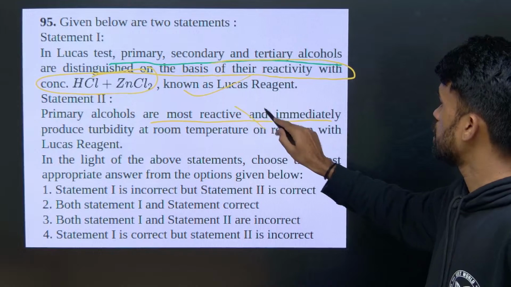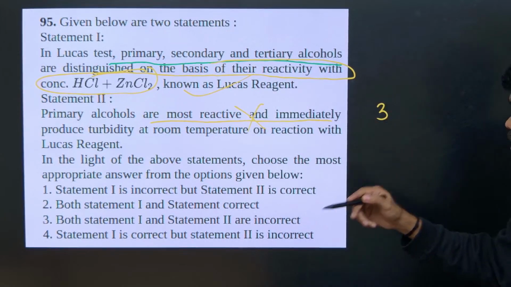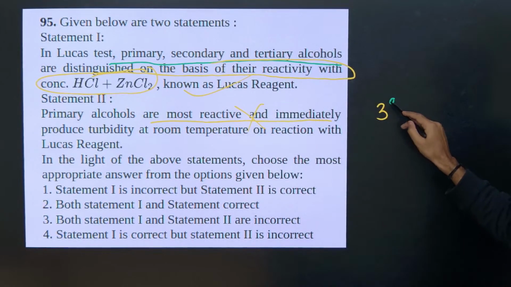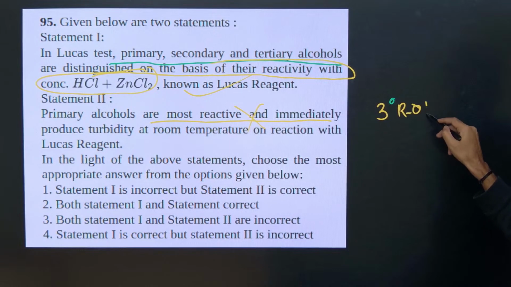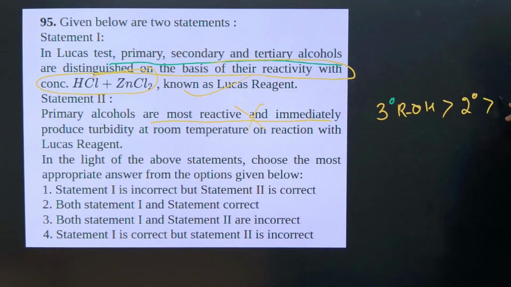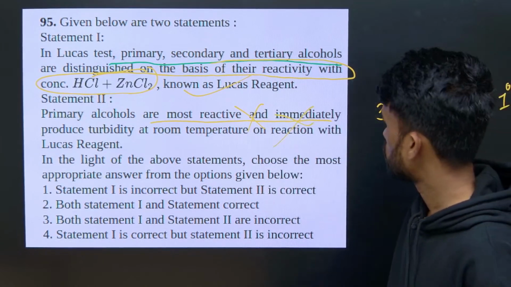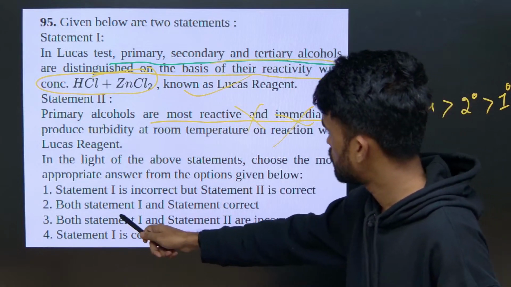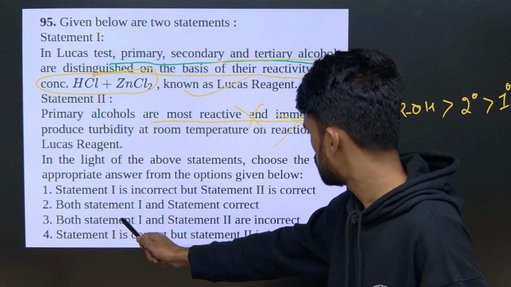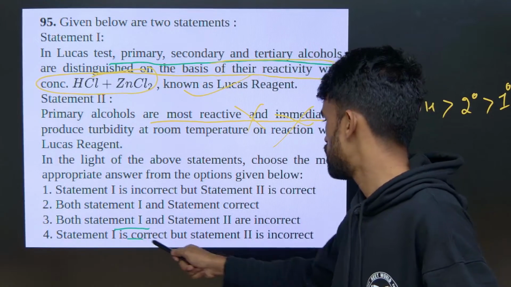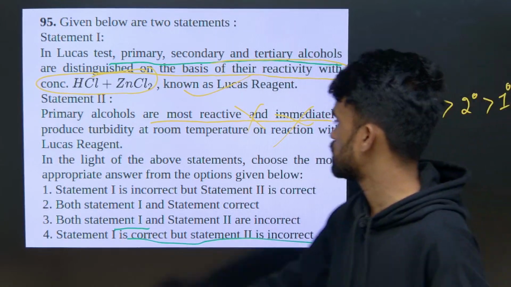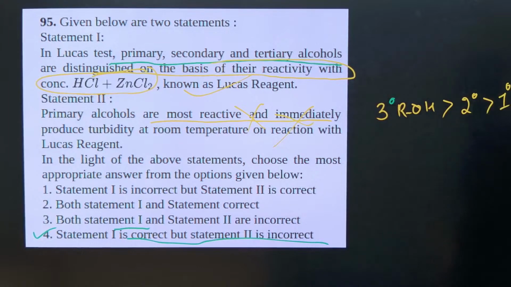No, here towards the Lucas reagent, tertiary alcohols are more reactive than secondary, then primary, then methyl. Therefore the second statement is incorrect. Statement 1 is correct, but statement 2 is incorrect. So option number 4 is correct for this.